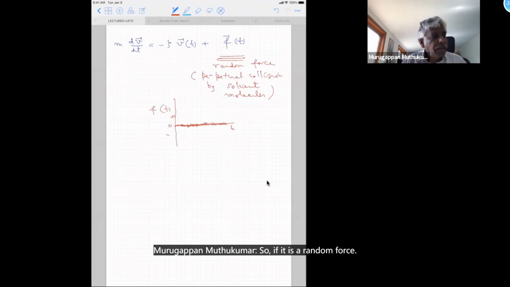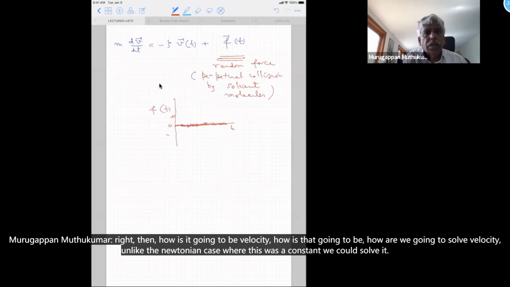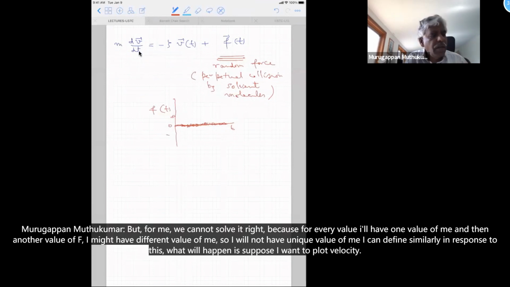So if it's a random force, how are we going to solve for velocity? Unlike the Newtonian case where the force was a constant and we could solve it, for v we cannot solve it, because for every value of F I'll have one value of v, and for another value of F I'm going to have a different value of v. So I will not have a unique value of v.